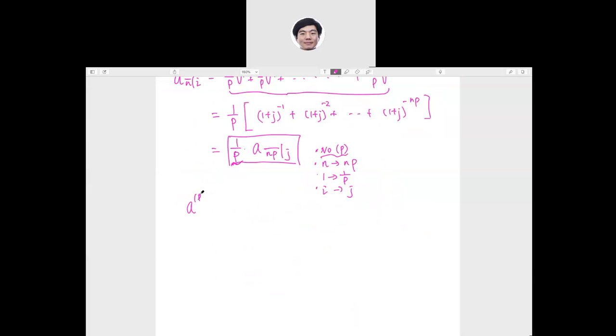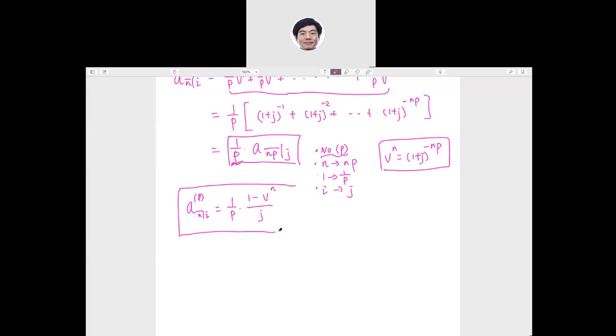We did derive the formula in the end, because this is just 1 minus v^n, where v^n equals (1 plus j) to negative np. So this is easy to see. Now I want my interest rate, which is j. This is the formula from the previous one, and then we can continue to write.